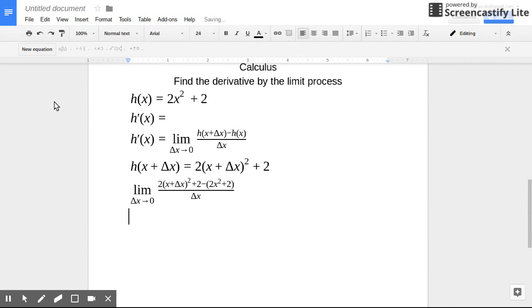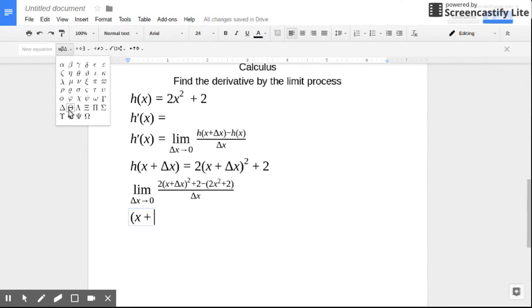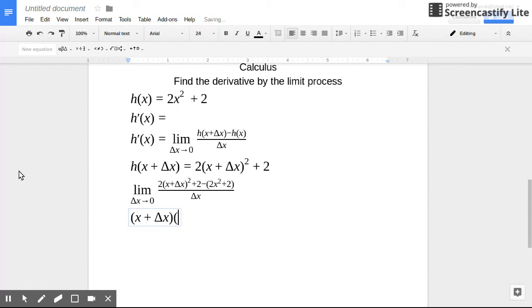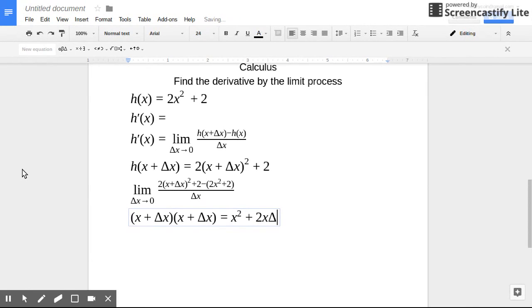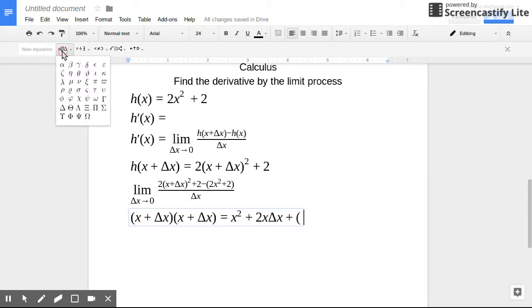So we have x plus our delta x, put the parentheses here, plus our delta x, which is equal to, remember, x squared plus 2x delta x plus, with parentheses around this, our delta x squared.